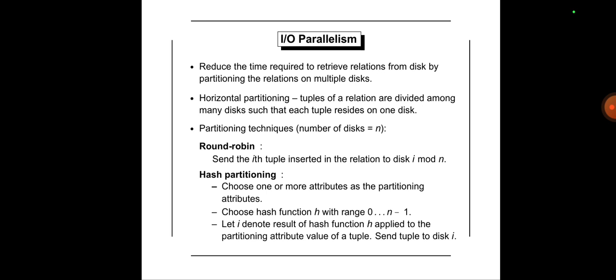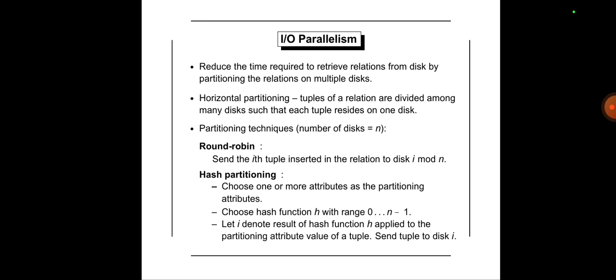The most common form of data partitioning in a parallel database environment is horizontal partitioning. In horizontal partitioning, the tuples of a relation are divided among many disks so that each tuple resides on one disk.